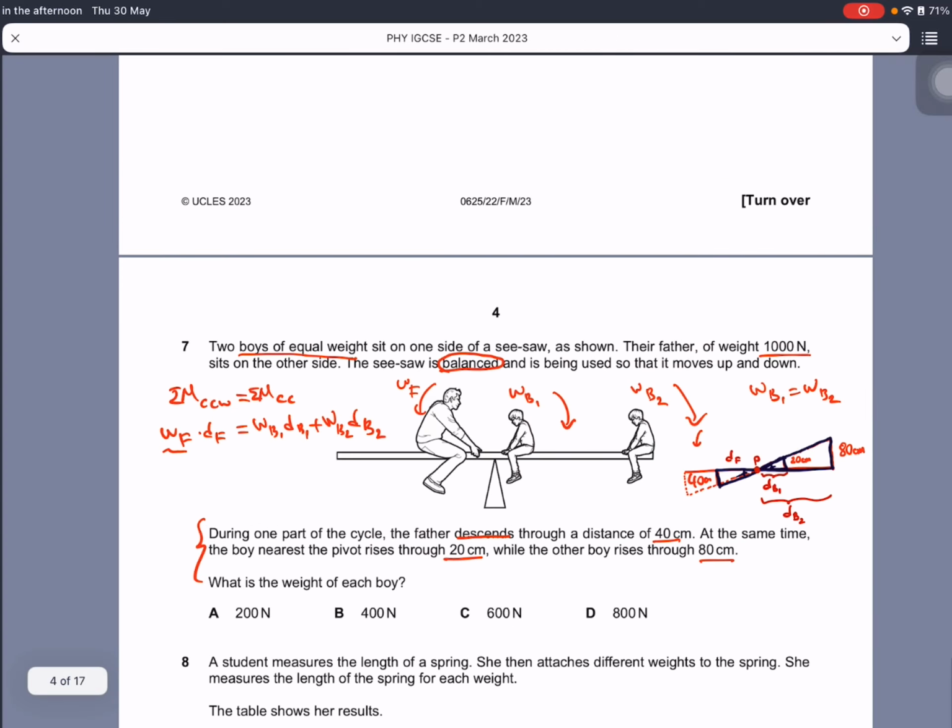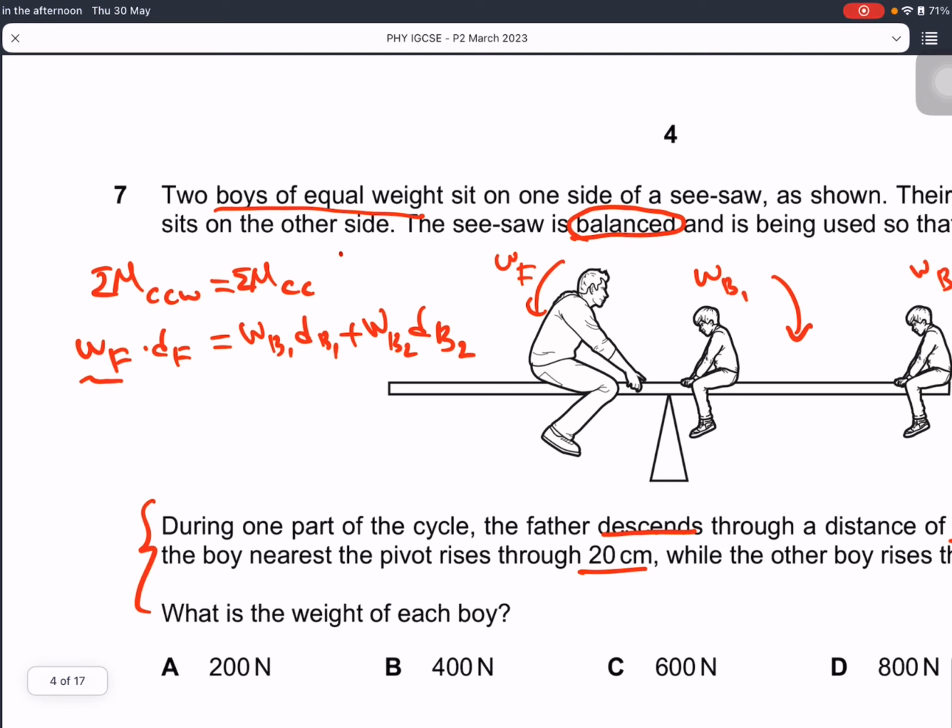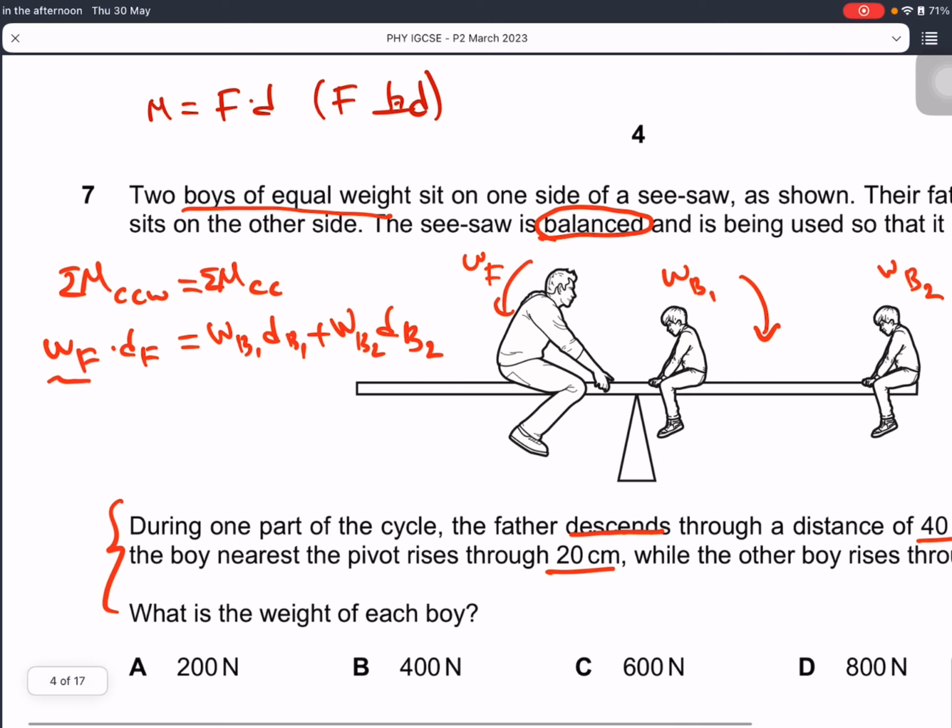When we say moment equals force times distance, the force has to be always perpendicular to the distance. This is very important to note.